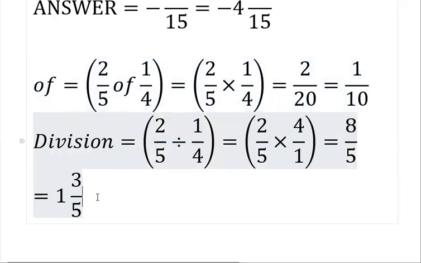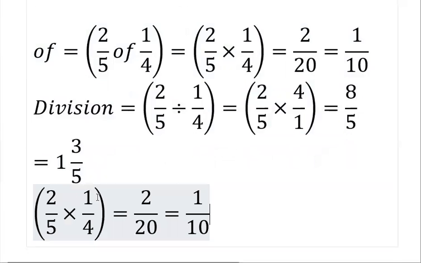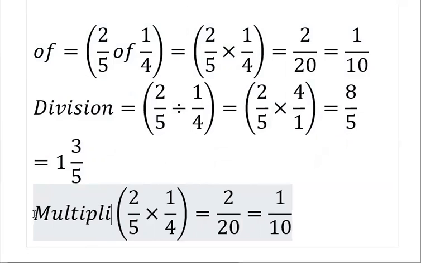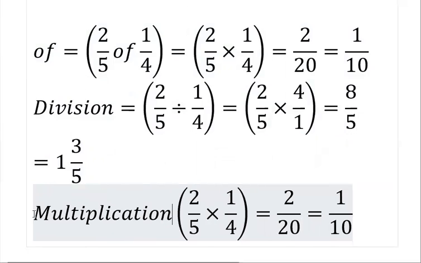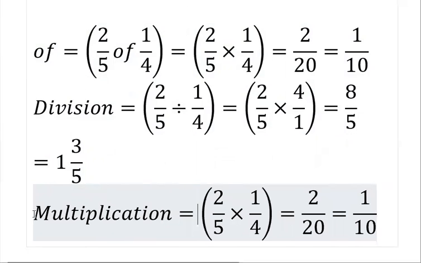So we can now say this is for multiplication.